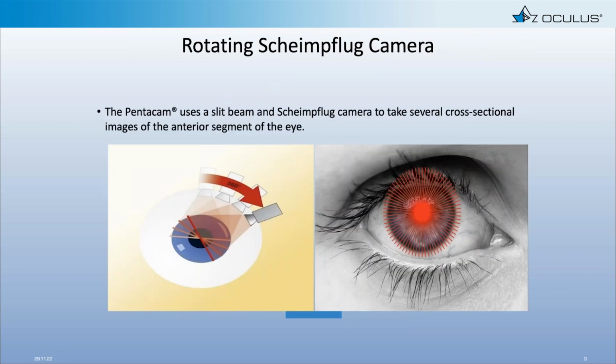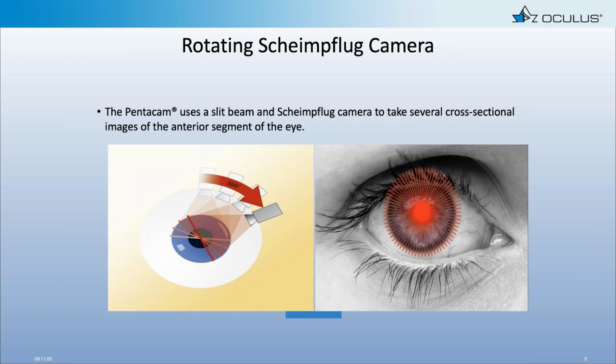So we'll talk just a little bit about how the actual instrument works. You're getting that picture, and the red lines on the picture on the right show you those cross sections you're getting through the cornea and the anterior segment of the eye. You'll notice again that those cuts or images go out past the cornea, so we're actually getting out onto the limbus and a little bit onto the conj and sclera.